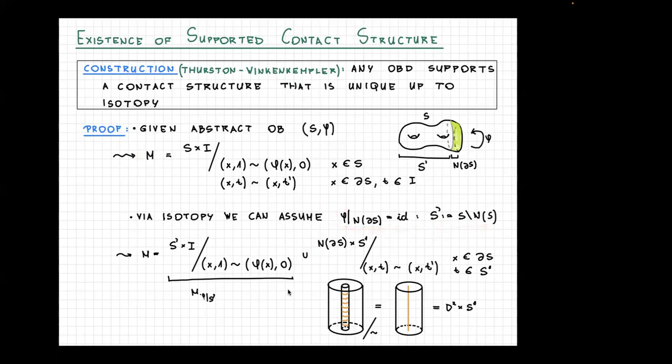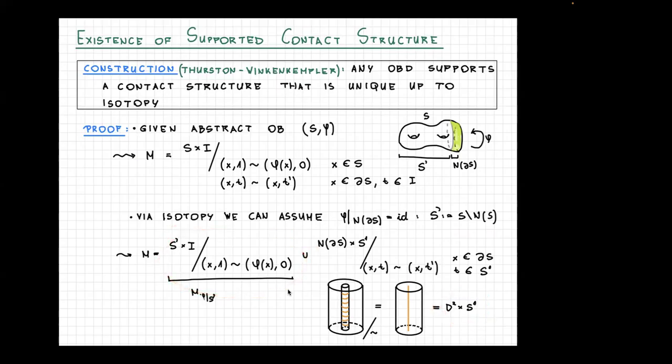Then I'm cutting my 3-manifold into 2 pieces: one away from the binding, and this is the neighborhood of the binding, which is a solid torus, D2 cross S1.